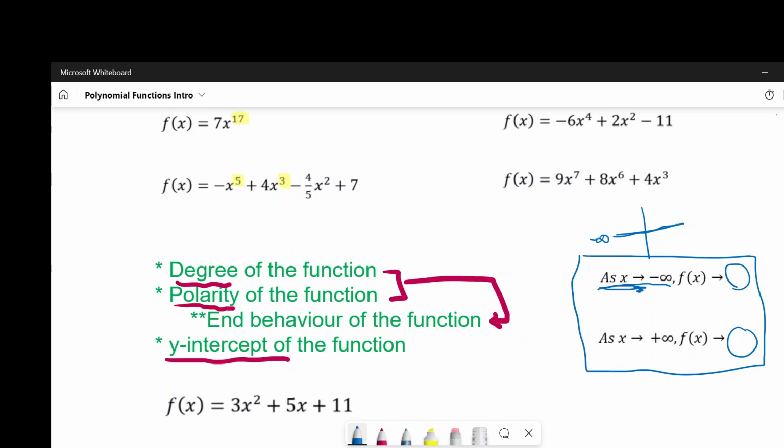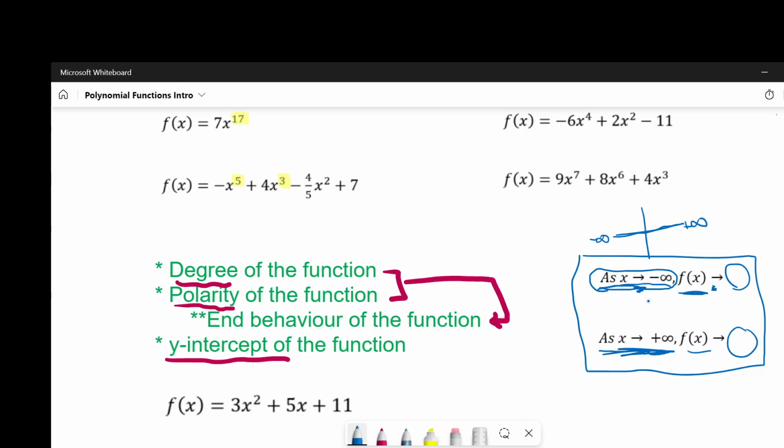So this formal statement, as x approaches negative infinity, really is saying on the left side of the graph, the function approaches some value. So it's basically a way of saying on the left side of the graph, here's what the function's doing. And then the second statement is as x approaches positive infinity, and of course positive infinity is on the right side of the number line. So this is the right side of the graph. On the right side of the graph, the function is doing this.